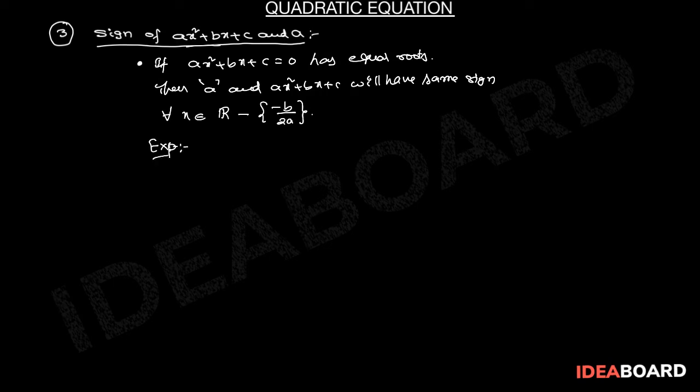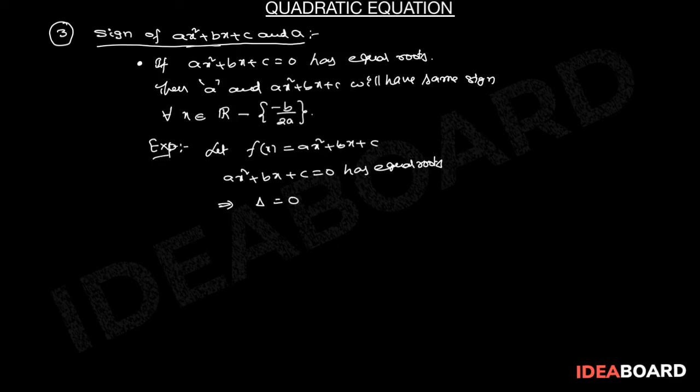Let f of x equal to ax square plus bx plus c, given ax square plus bx plus c equal to 0 has equal roots. That implies delta equal to 0 and the roots are x equal to minus b by 2a.